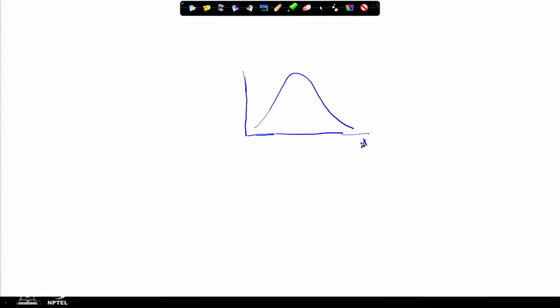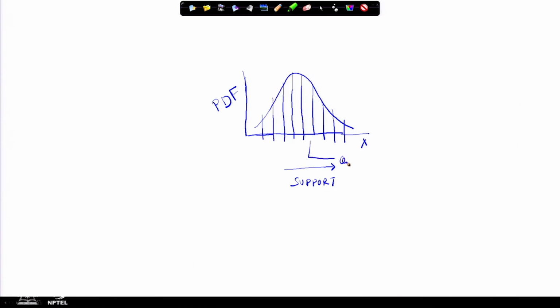What we can do is actually divide this range of values. On the x axis what we have is basically the support set, and on the y axis we have the PDF. Now, we may choose to divide this support set into certain sectors like this. Those sectors may be at any regular intervals. Each of these sectors are known as the quantiles.